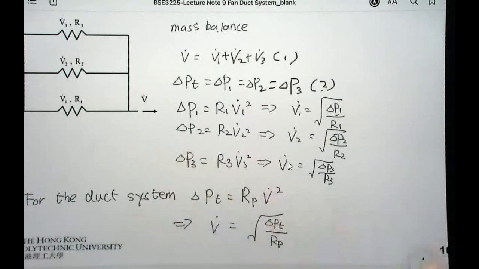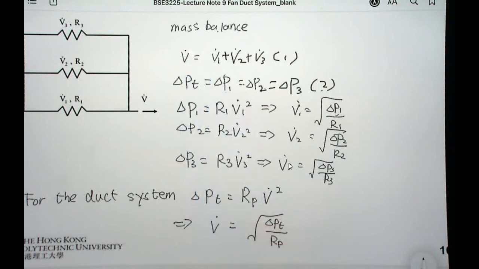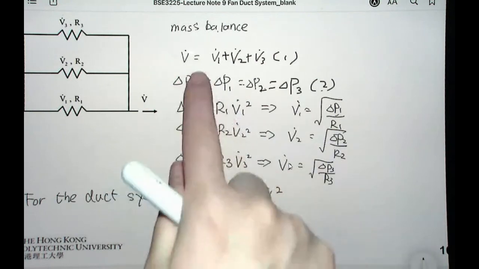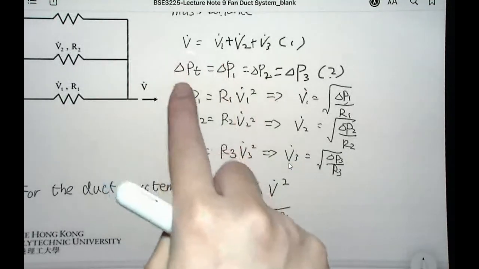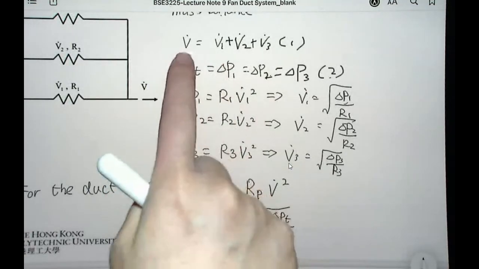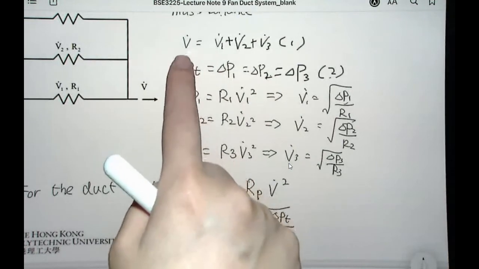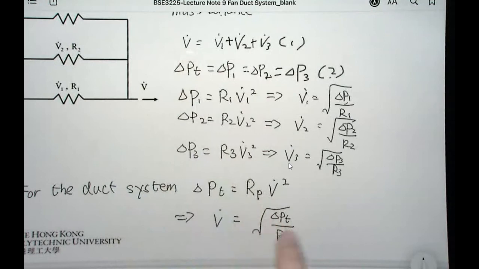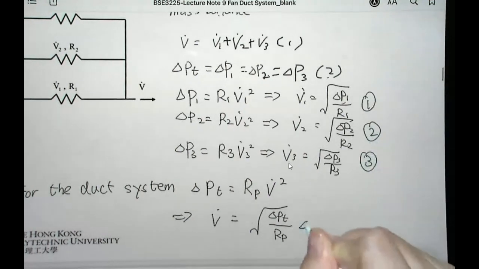Okay. Then we look at the first equation here. For the first equation, the left-hand side is the total volumetric flow rate, and we can express that with this expression here. So this is number 1, 2, 3, 4.